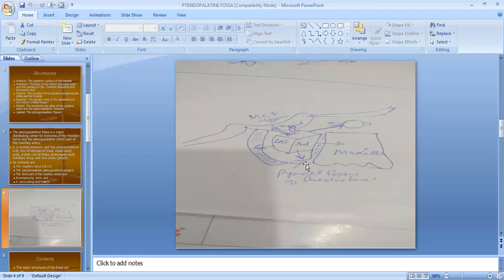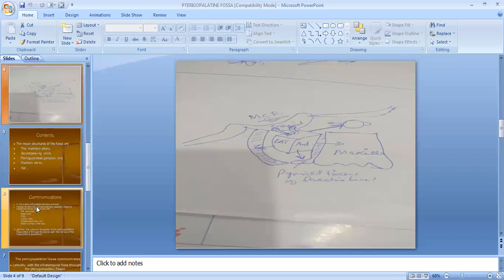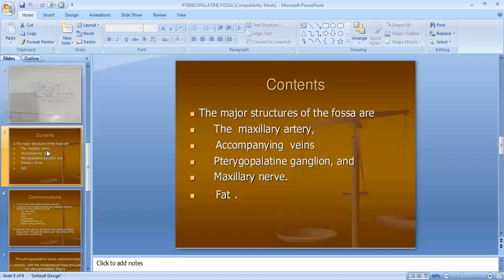So these are all the boundaries and the location. The contents of this fossa: the major structures are the maxillary artery, accompanying veins, pterygopalatine ganglia, which is one of the parasympathetic ganglia, the maxillary nerve, and fat.